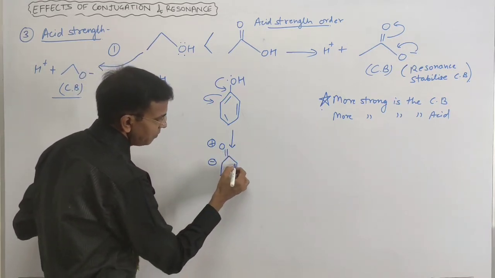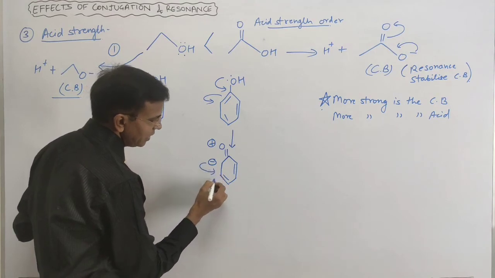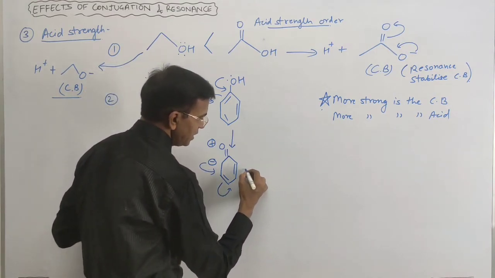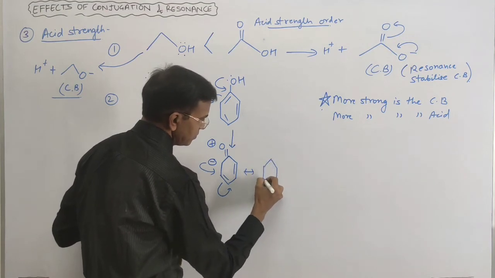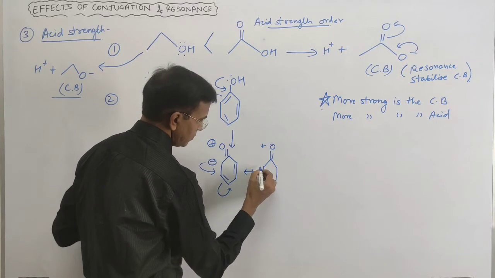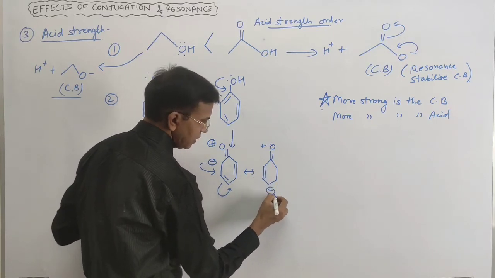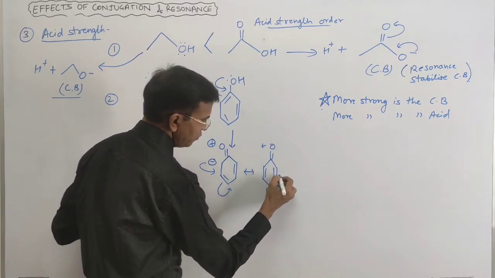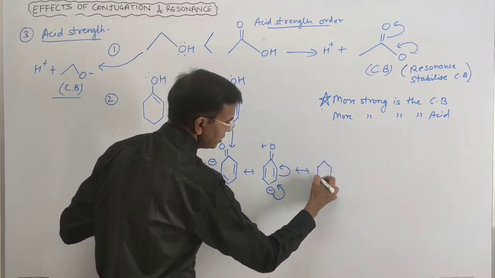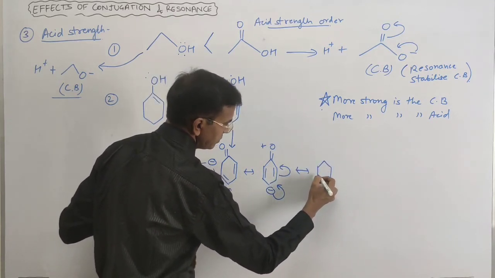And here are the pi bonds. Again, delocalization of pi electrons takes place, and the next resonating structure will be there. This time, again the movement takes place, and the next resonating structure will be formed.